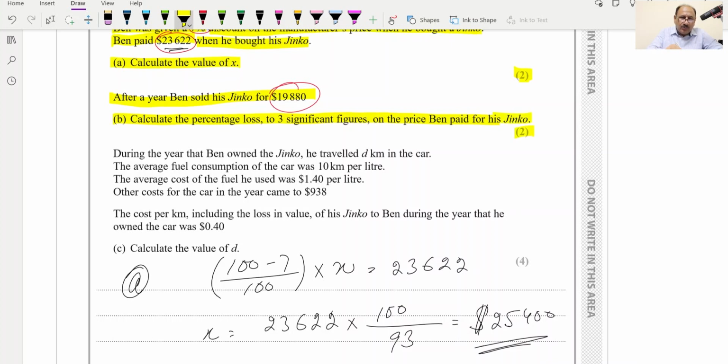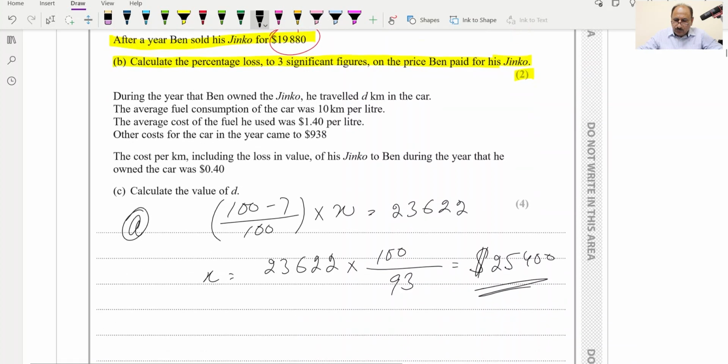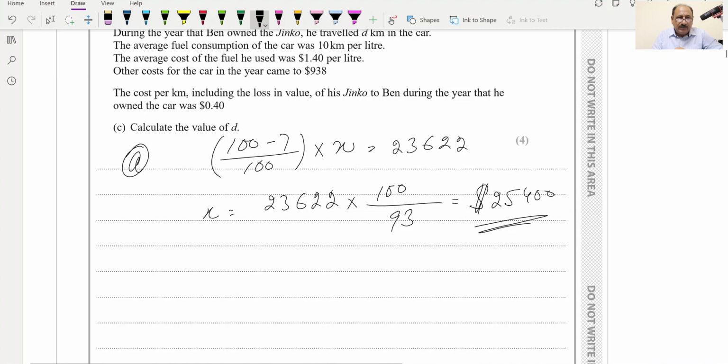This is also a 2 marks question. So the price he paid, basically he paid 23,622. This much amount he paid.